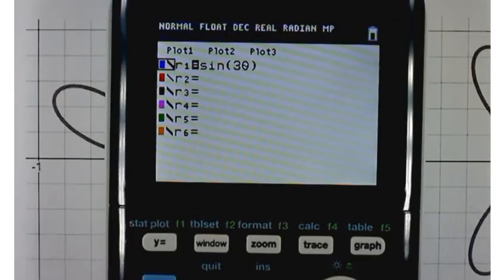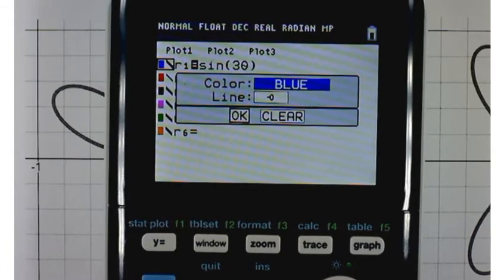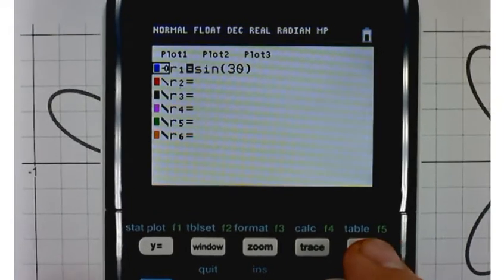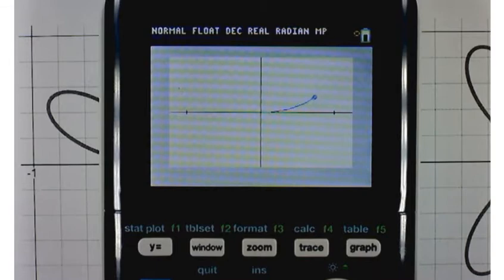I'm going to put a little marker or a tracer on my graph so we can follow it along. Let's see, this one right there. Okay. So this is just going to give me a little more insight into what's happening with our graph. So I'm tracing it from 0 to 2 pi.